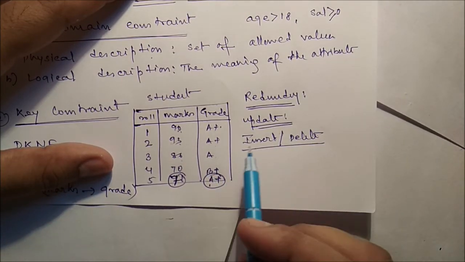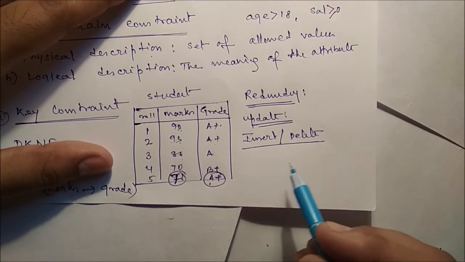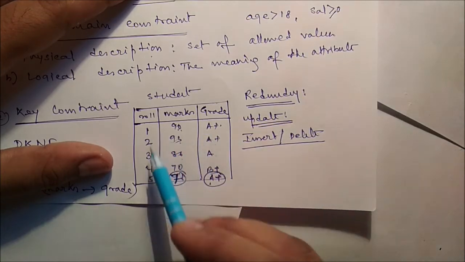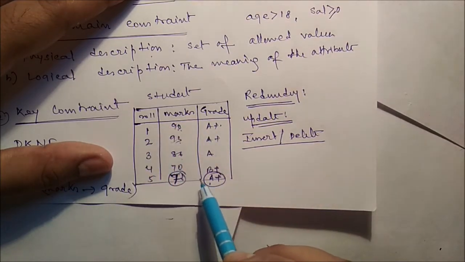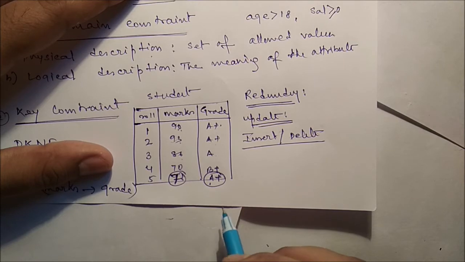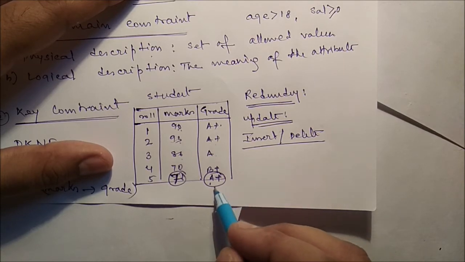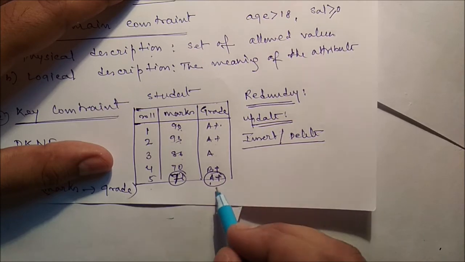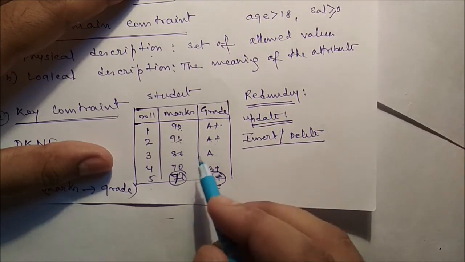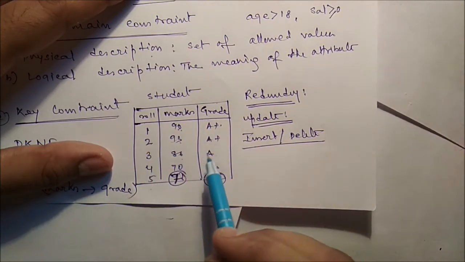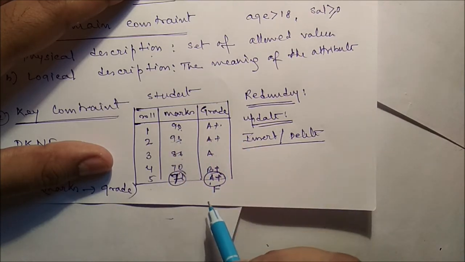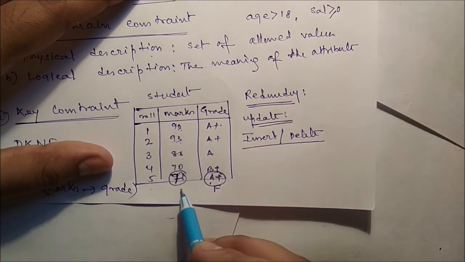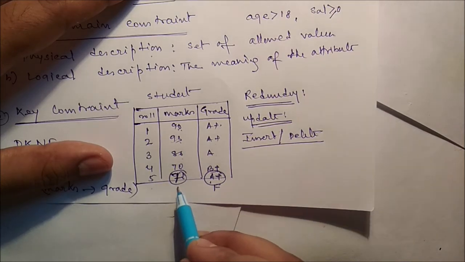Now here suppose in this particular class total 5 students are there. Suppose if the marks is less than 30, then it is F. But here all the students are good. All the students got more than 30 marks. That means this particular information is not there.